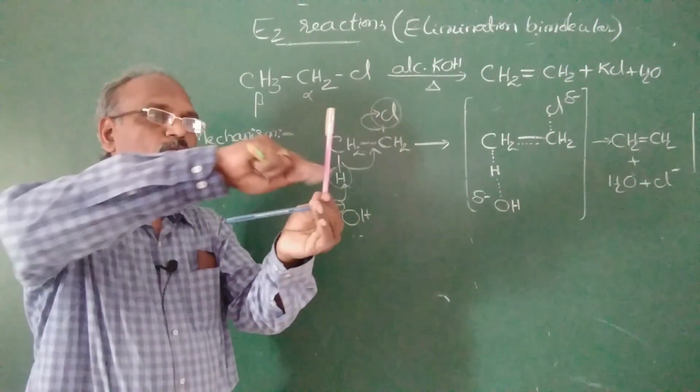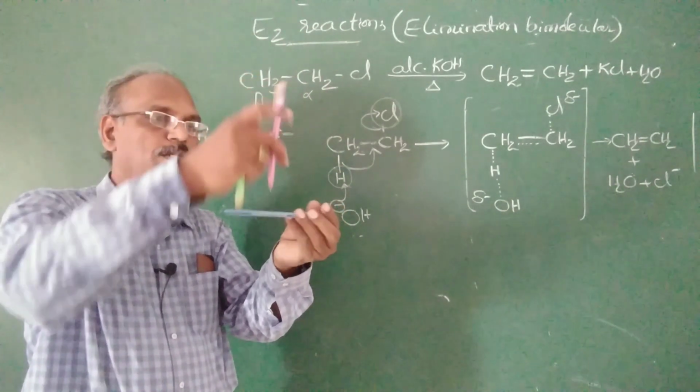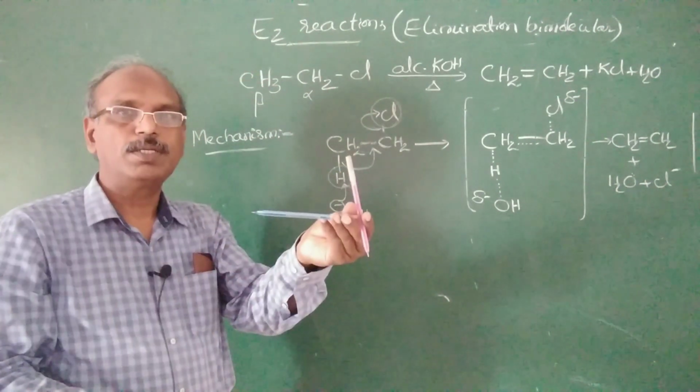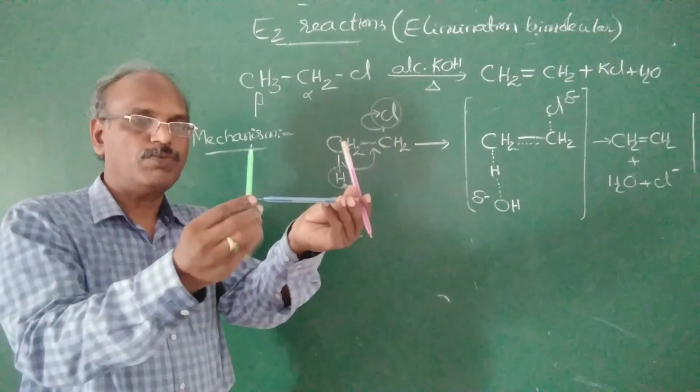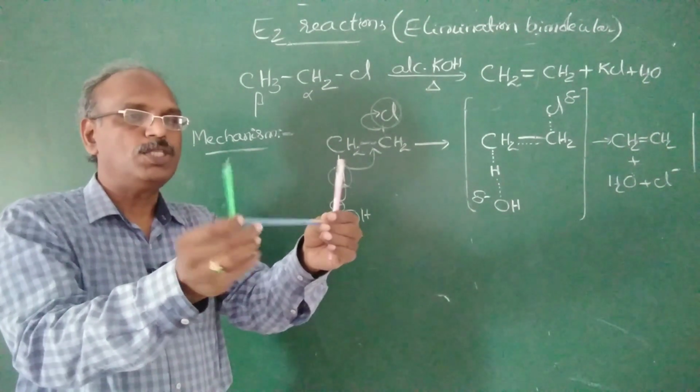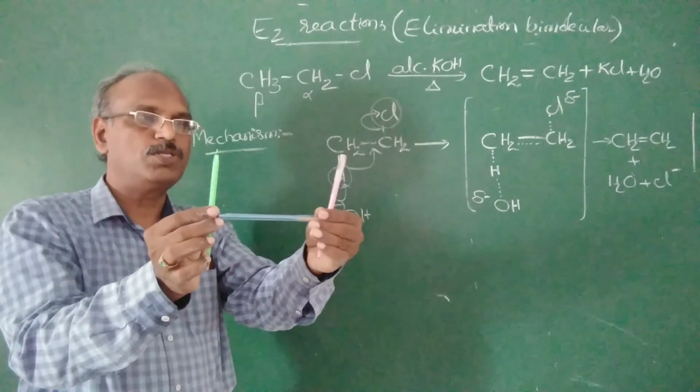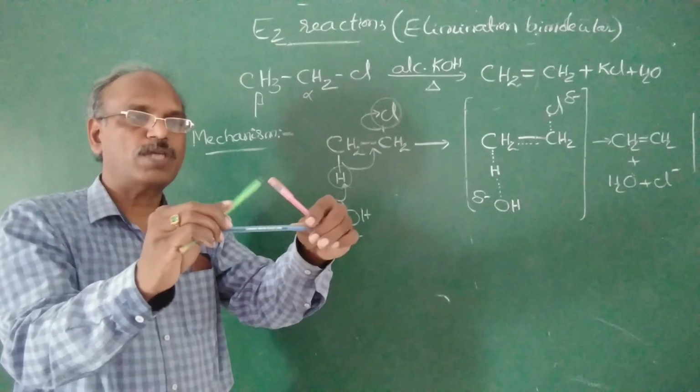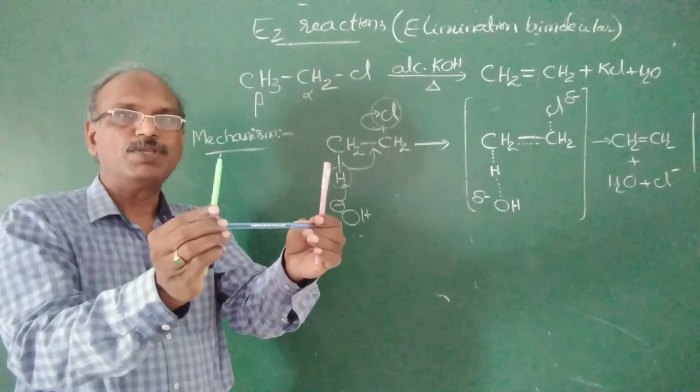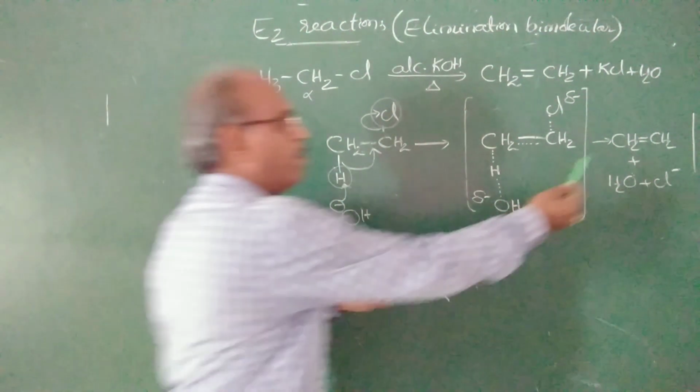See, if the halogen is removed in this direction, we get a new orbital here, and when hydrogen is removed, we get a new orbital here. These two orbitals are parallel to each other, and they can undergo sideways overlapping, which results in the formation of a pi bond.